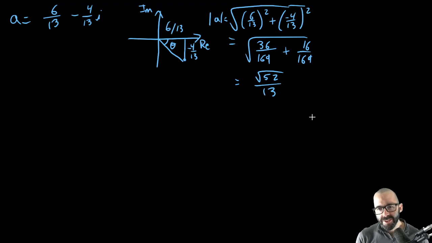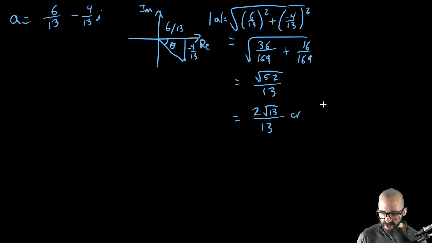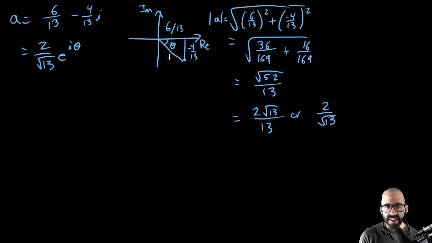And we have to simplify the square root of 52. That's 4 times 13. So we have this. Or if you didn't want a rational denominator, this is less writing. So that's the modulus. And again, I usually like to, so this is going to be 2 over root 13, e to the i times theta. We could find theta right now, but it's a lot less writing if we just save theta for later.